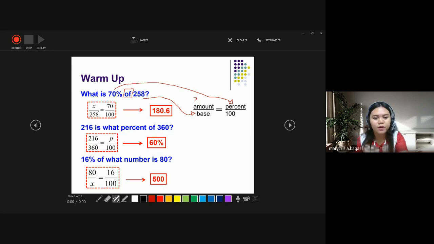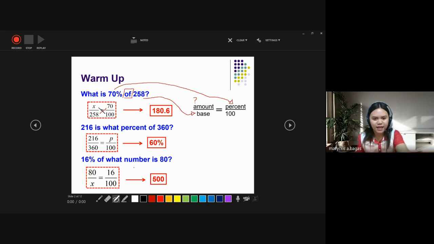So how are we going to solve that? We're going to cross multiply: X multiplied by 100, and 258 multiplied by 70.